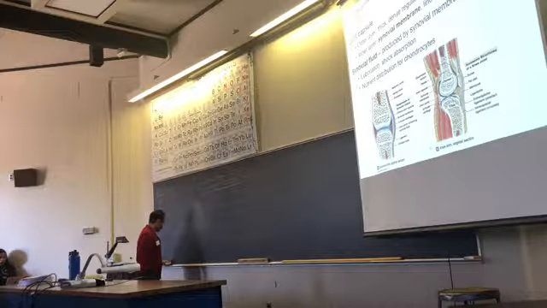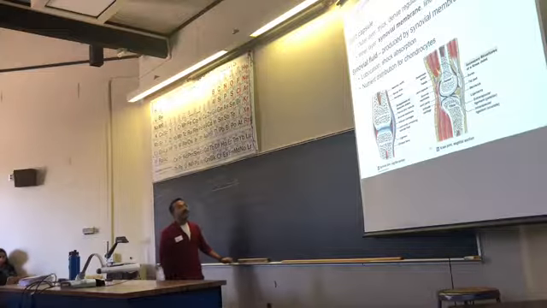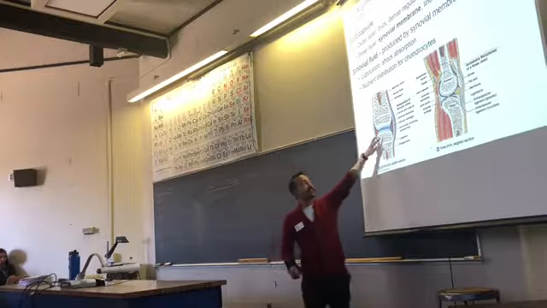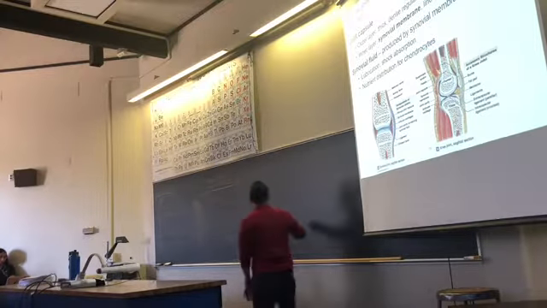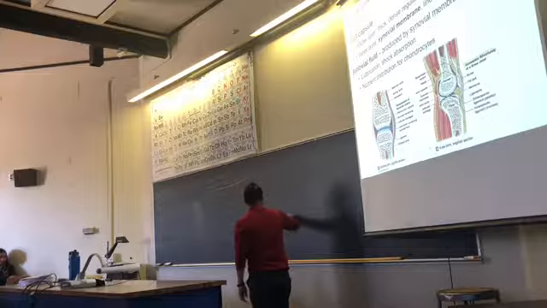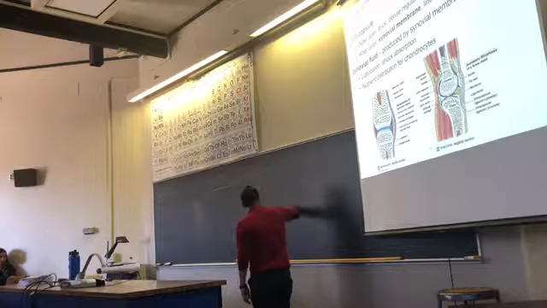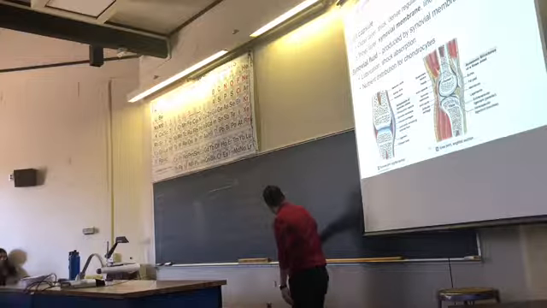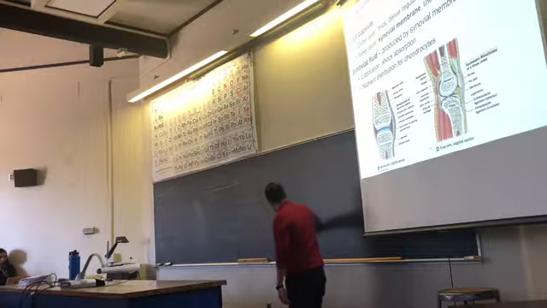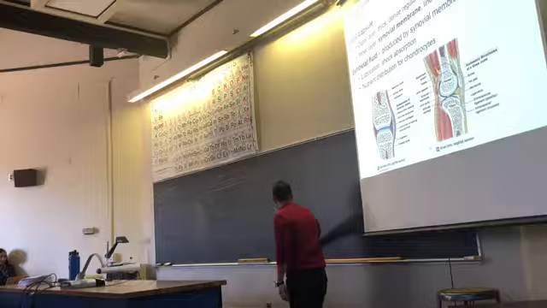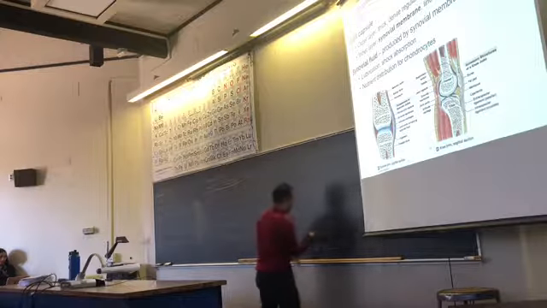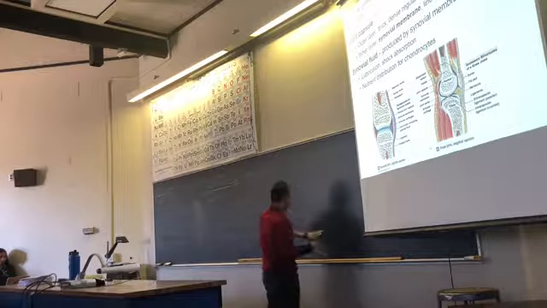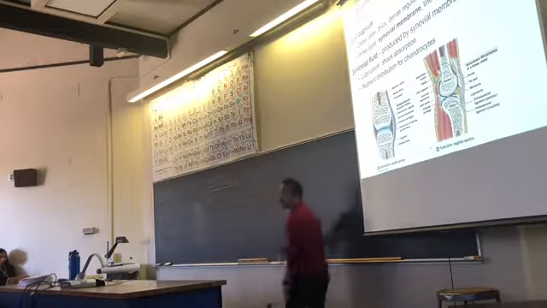All right, I don't know where to draw this. Let's start over here. When two bones meet and it allows for a lot of movement, here's what you can find at that joint. Here's one bone, here's another bone. All right, so here's where two bones meet.